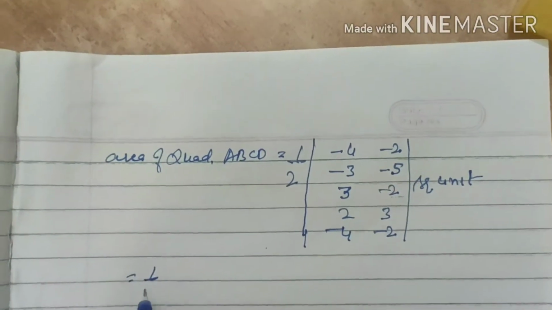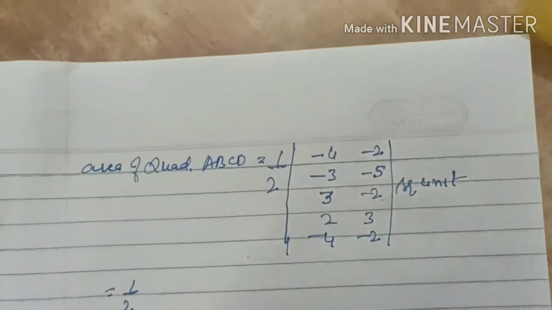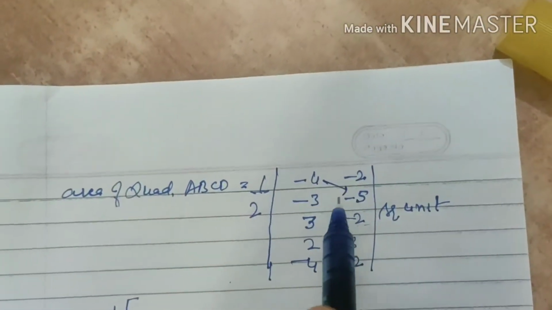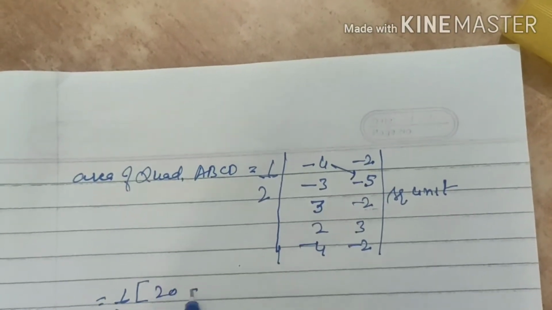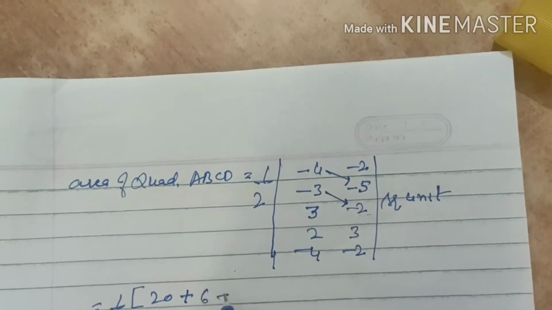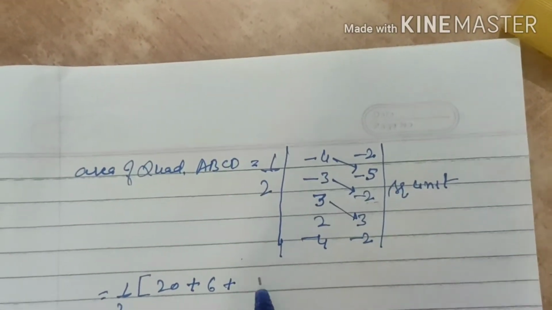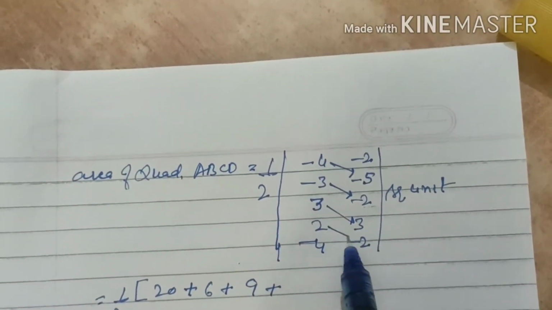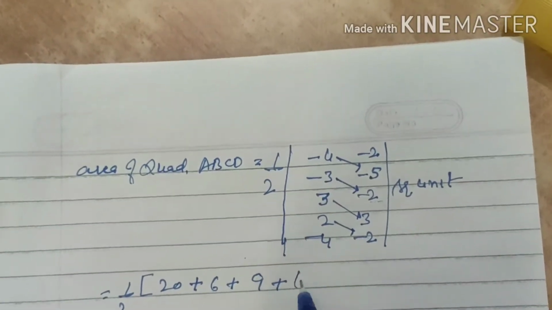So now 1 by 2 into minus 4 into minus 5 becomes plus 20, so plus 20, plus minus 3 into minus 2 becomes plus 6, then next 3 times 3 is 9, plus 2 into minus 2 becomes minus 4, so minus 4.